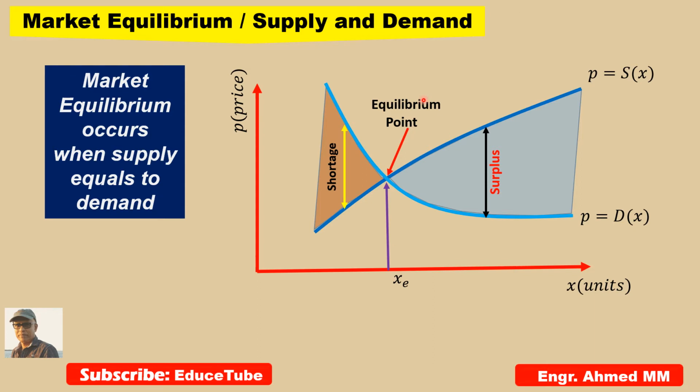So the market equilibrium occurs precisely, we can see it right now, at the production level, this is the production level X_E, where these very important conditions hold: P_E equals D(X_E) equals S(X_E). These are very important points.